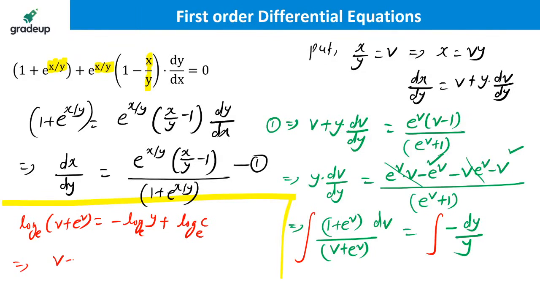So you can take anti-log. And finally you can put the value of v. Value of v is x by y. So after putting the value of v, that is x by y, and then taking the LCM, we got the answer is x plus y e raised to x by y equal to c.